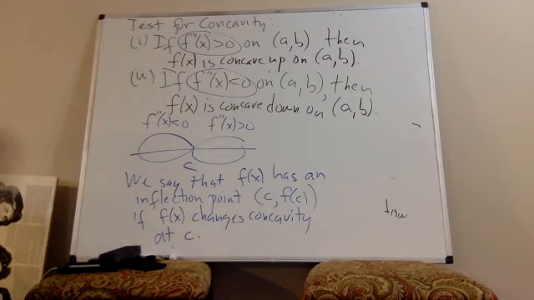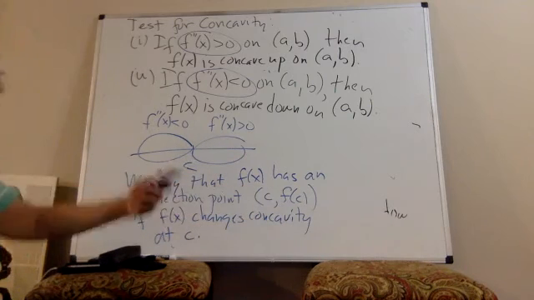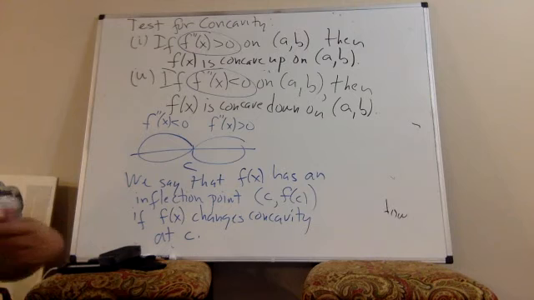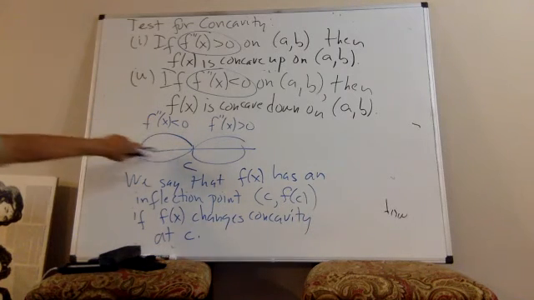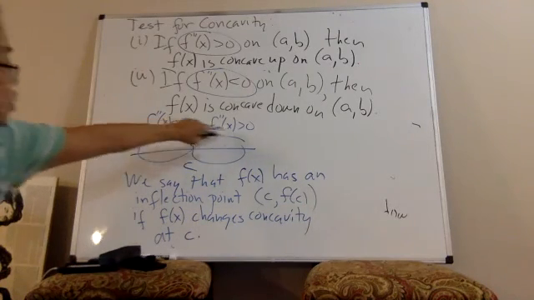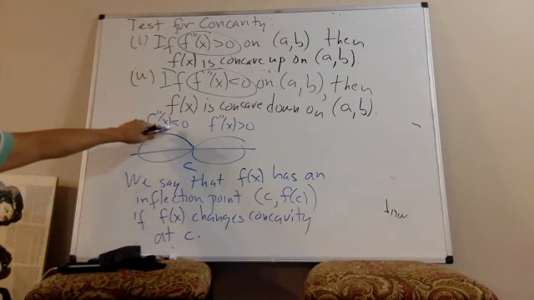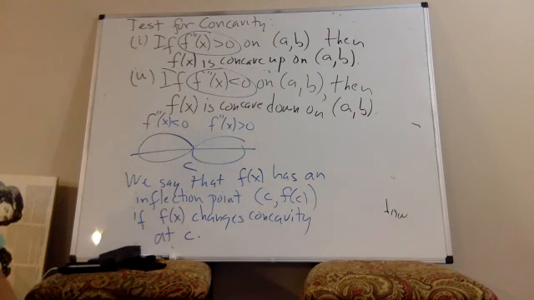Now, keep in mind that we're basically assuming that the function has to be defined at c. In other words, we want the function to really be continuous at c. But what we would like to observe is, as you go from the left of c, we have a change in concavity, meaning we have a second derivative to be negative, then positive, or the other way around.